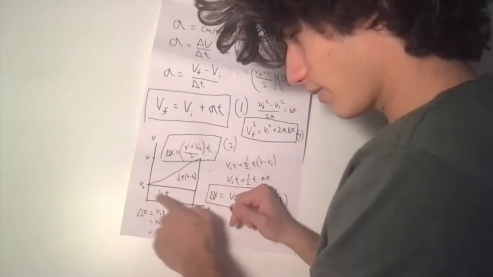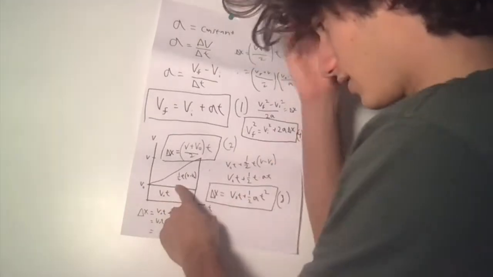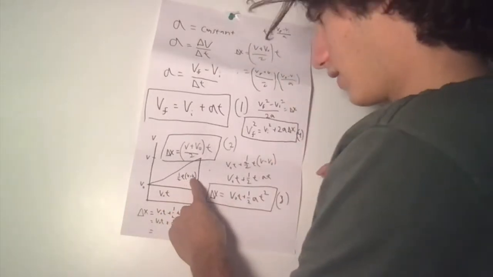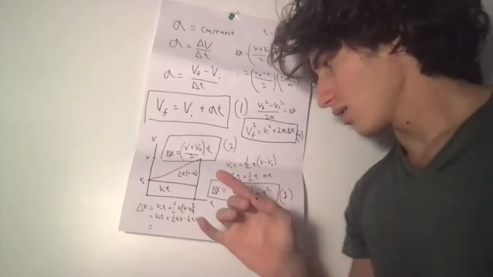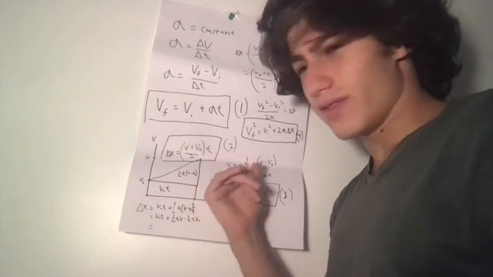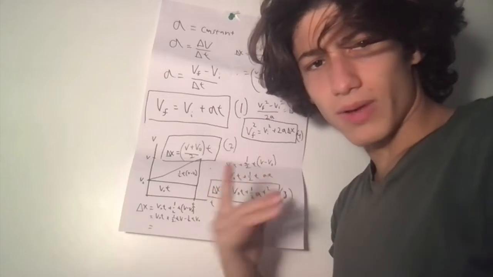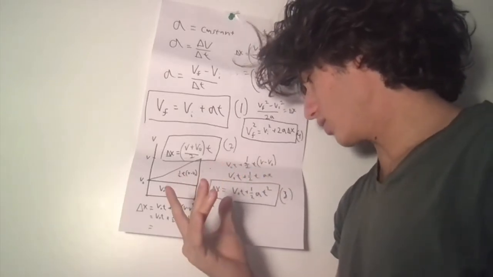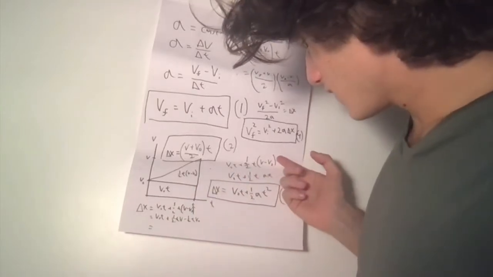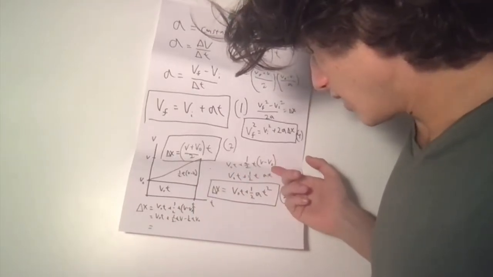We have this, right? This is equal to v naught times t. This is equal to 1/2 t times (v minus v naught). But, so we write this down here. Remember when we said that v minus v initial is, by the very definition of velocity and acceleration, just acceleration times time?